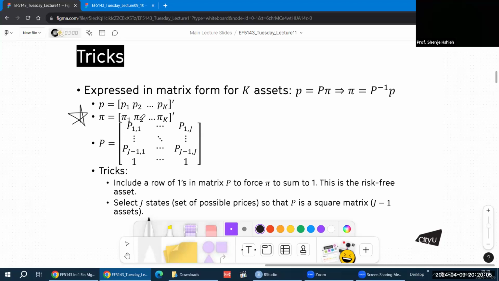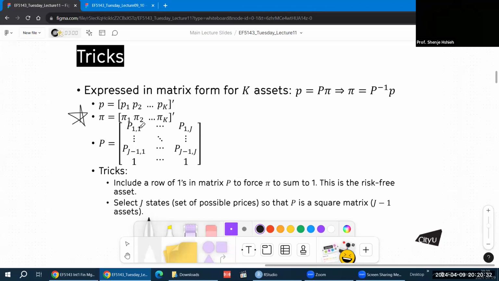P is the payoff depending on the state that's being realized. So remember, there's K assets, but the states are defined on the strike prices that are available in the market. So imagine there's J states. So P11 is the payoff of asset 1, assuming we are in state 1, right?